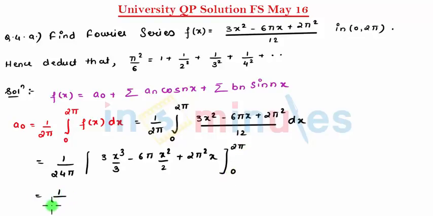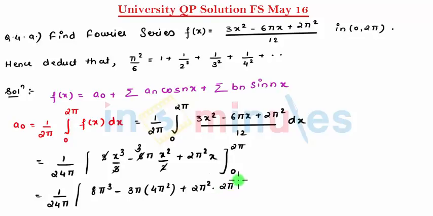I can say here 1 upon 24 pi, this comes to be 3 and 3 gets cancelled, and then first will be 2 pi cube, so that is 8 pi cube, minus 3 pi multiplied by x square, so that is 4 pi square, plus 2 pi square and x, so that comes to be 2 pi.